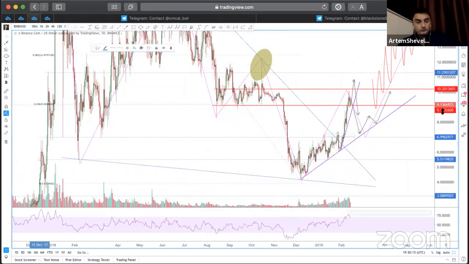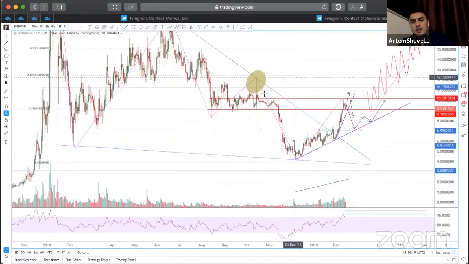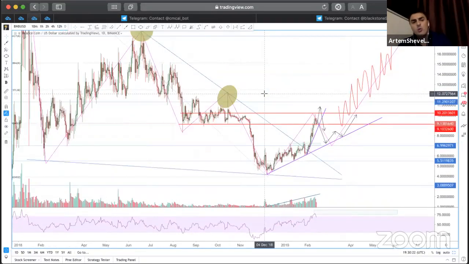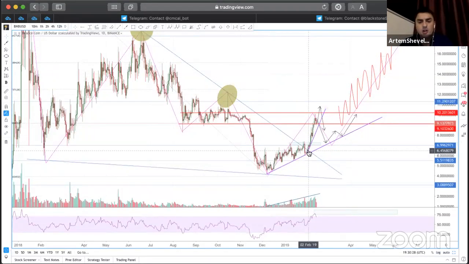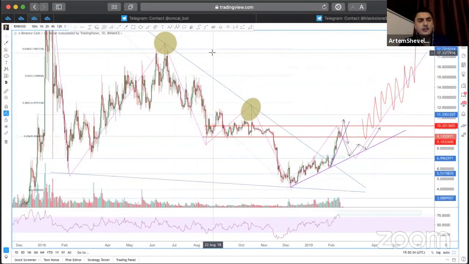And if we look at TA, from the TA point of view, we have a really good breakout from the downtrend on BNB coin, and we're probably going to reach some supply areas near $15 and $17, something between them.